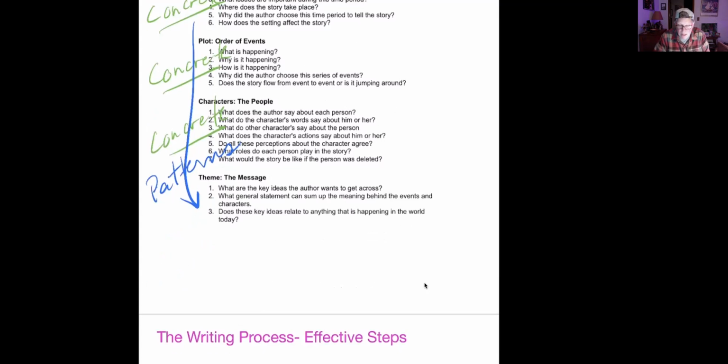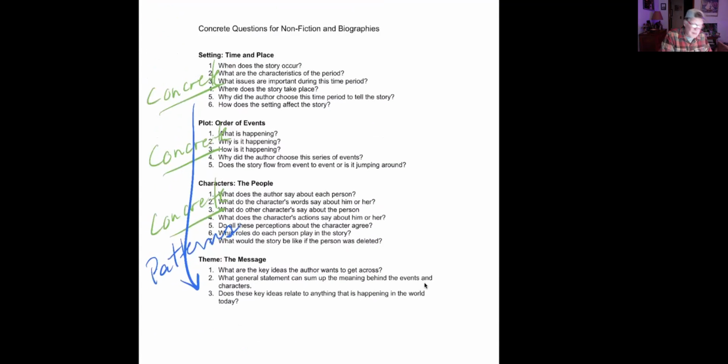Many of you probably can get the theme and go, oh, this is the theme. And then when the professor says, okay, write a paper on it or talk to me about why you came up with this theme, many students have trouble doing that, right? Because they've gone right to the theme and they haven't really focused on the concreteness of what's going on, okay? For people who are struggling with the theme, this is the way to get at the theme.